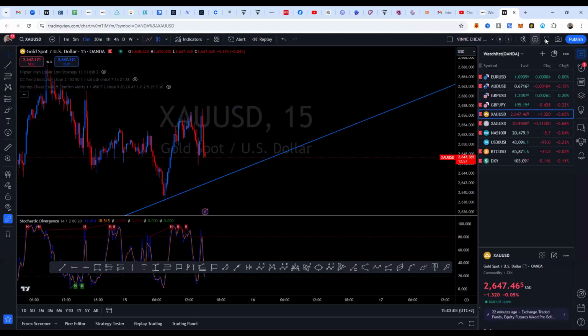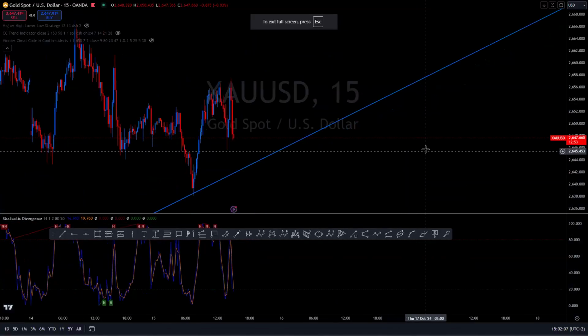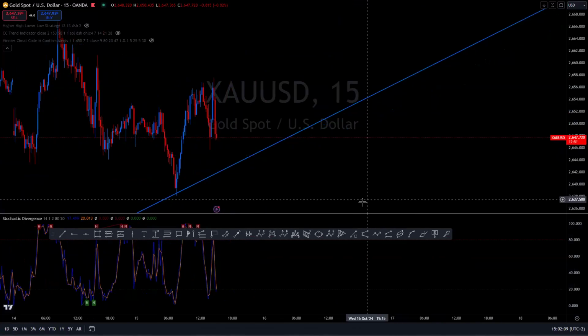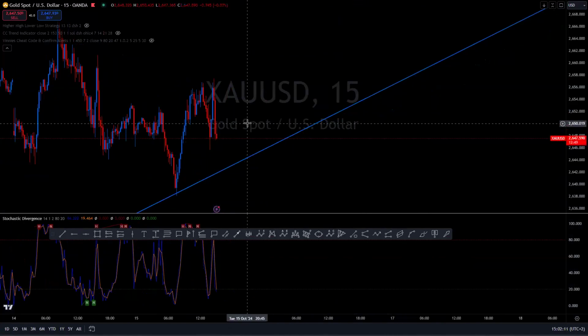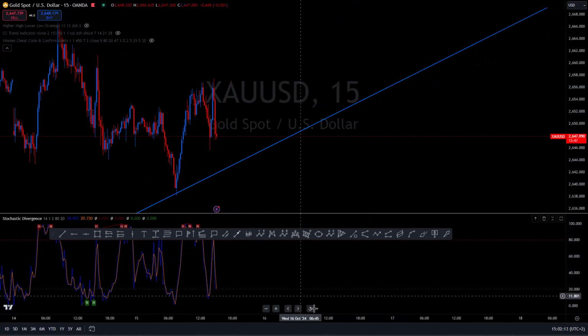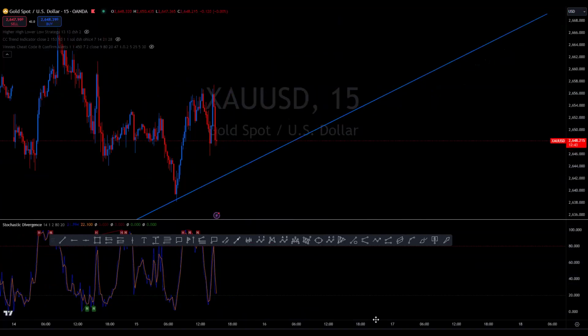Now on the 15-minute time frame, we're going to figure out what the current trend is. When we look here, you see that this bearish move started from this swing low to this swing high here.